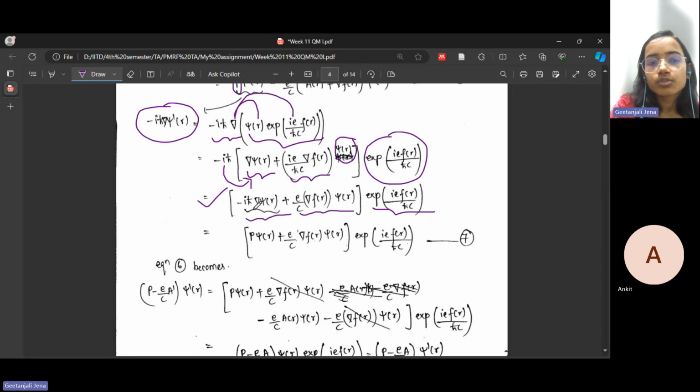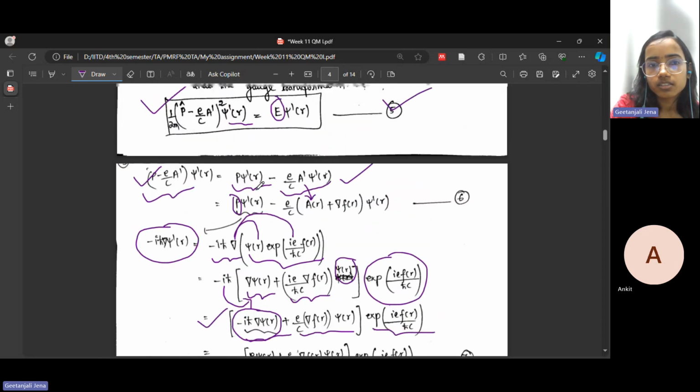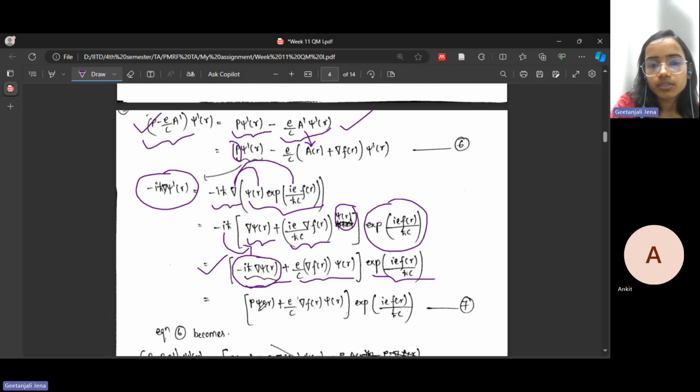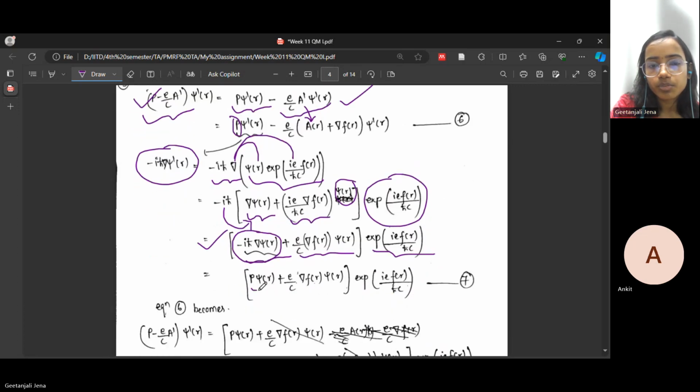So now if you check this term, this is minus iħ cot delta psi of r. If you compare it, it will be nothing but P psi of r, right? So minus iħ cot delta, I have put it P of psi of r, and there are these terms.